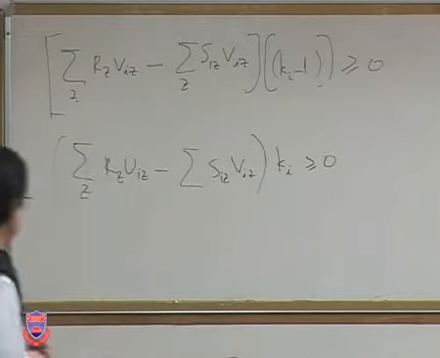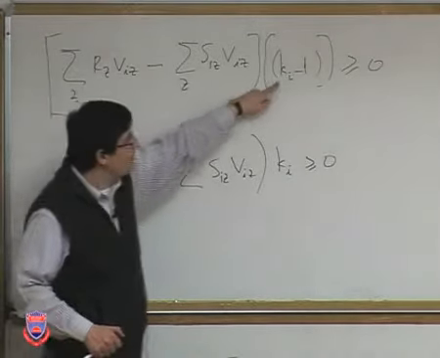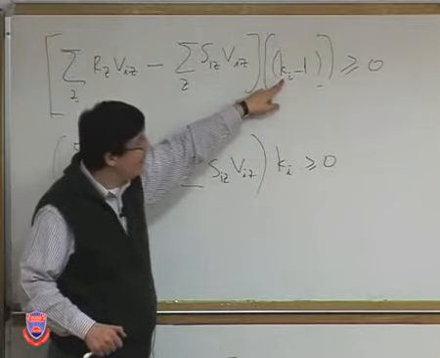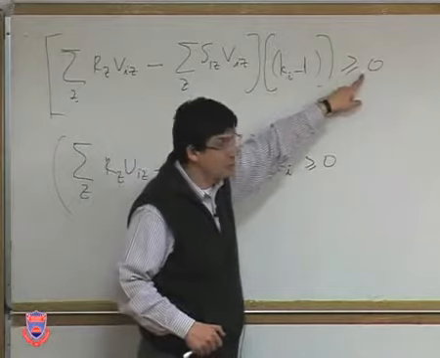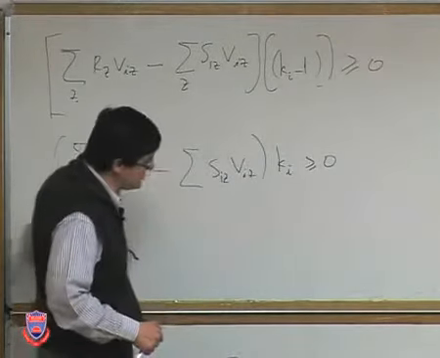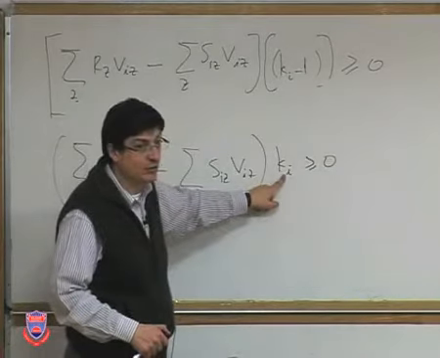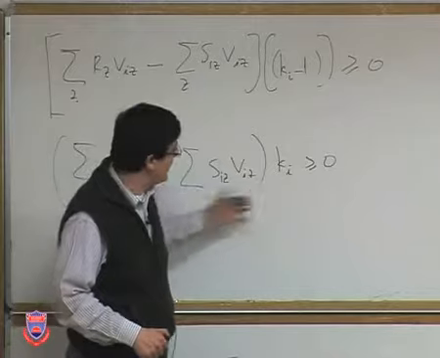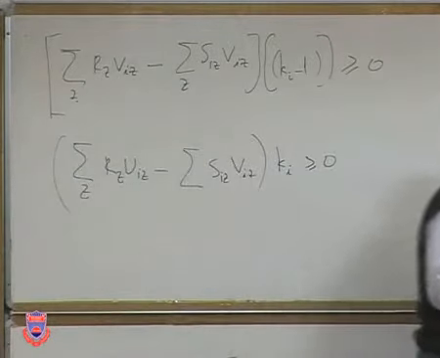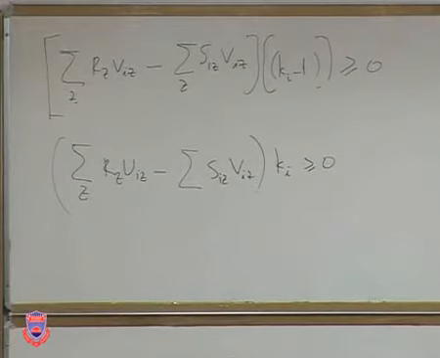But the expectation is the following. If you have this negative, I'm going to set Ki equal to 0, so that this is always going to be positive. On the other hand, if this is positive, I'm going to select Ki equal to 1, so that this condition is satisfied. Now here, of course, you want both conditions to be satisfied at the same time.